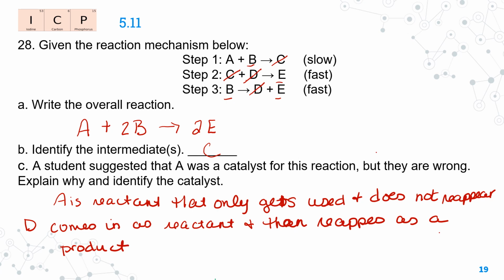So because it appears as a reactant and then is regenerated as a product, that tells me that it is my catalyst. So this reaction has a catalyst as well as an intermediate.